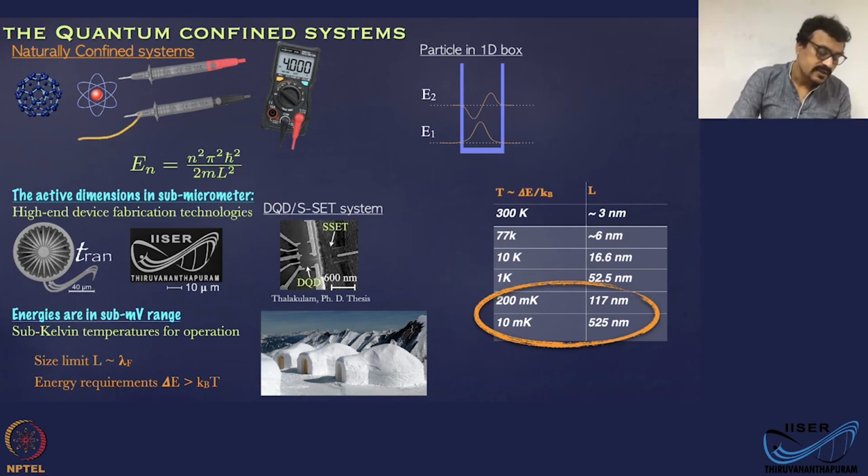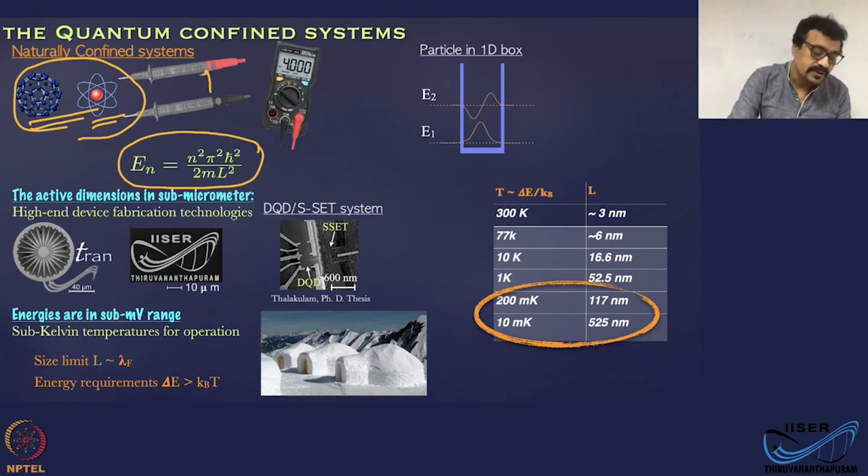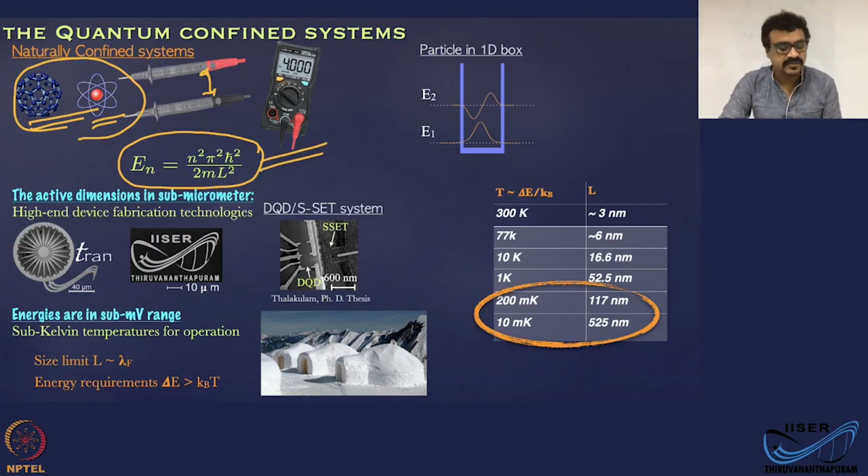There are naturally confined systems such as a cluster or an atom with discrete energy states. There are a lot of interesting systems. But for those you cannot measure the transport using current or voltage probes. Or you cannot measure the resistance of those systems with a multimeter.